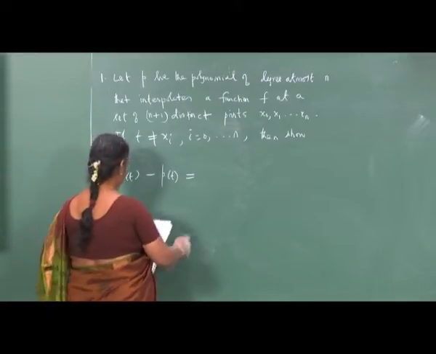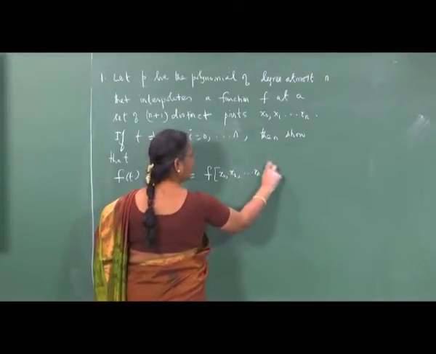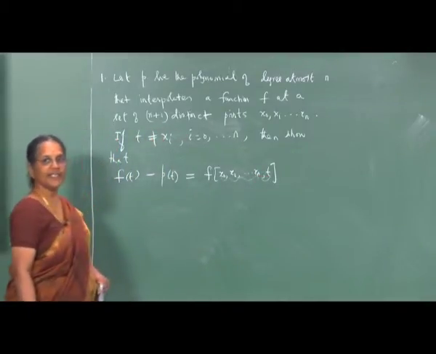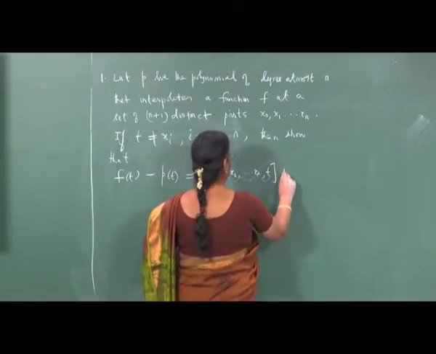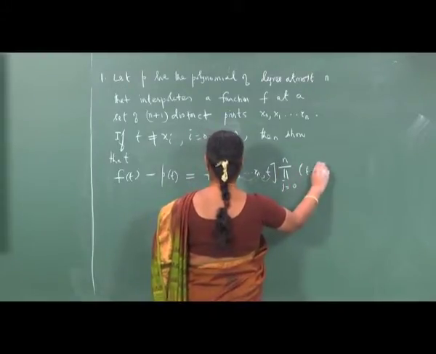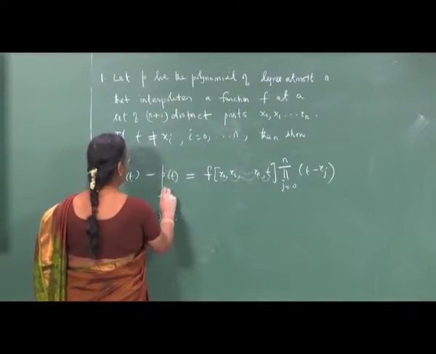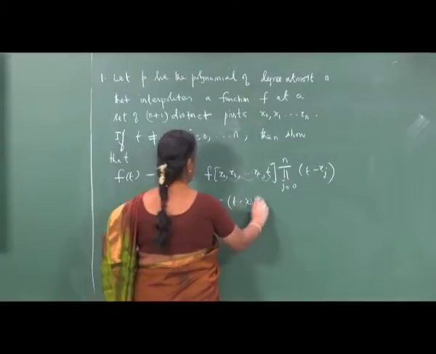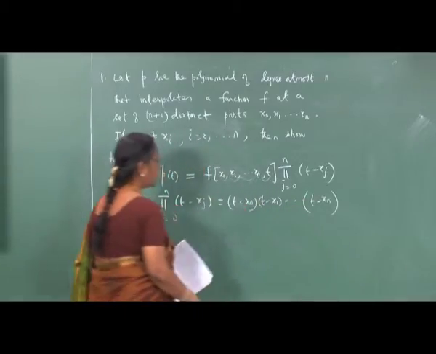The result says this error is f of x0, x1, etc., xn, t. So, there are n plus 1 points and there is an additional point, n plus 2 points. So, it is the n plus 1th order divided difference multiplied by the product of the factors j equal to 0 to n of t minus xj, where by j equal to 0 to n of t minus xj we mean t minus x0 into t minus x1, etc., up to t minus xn.